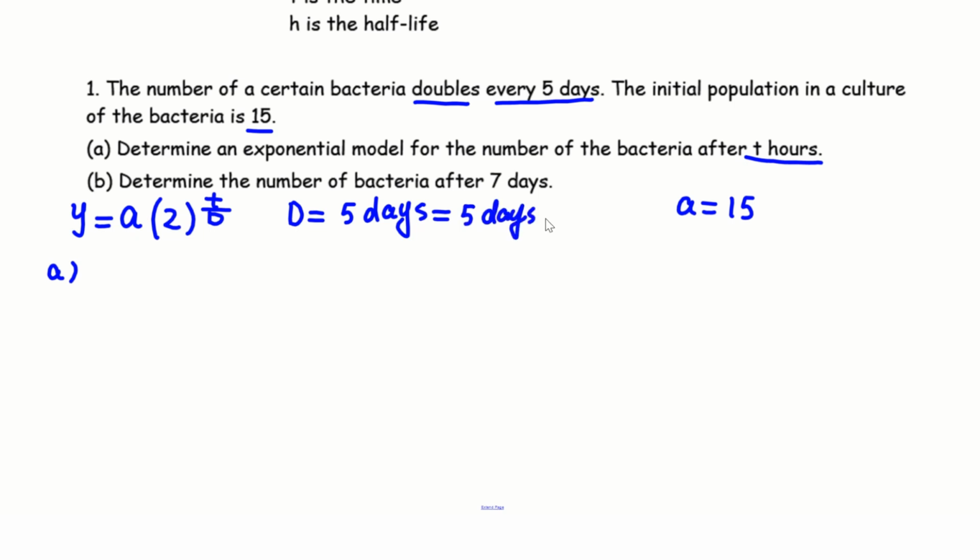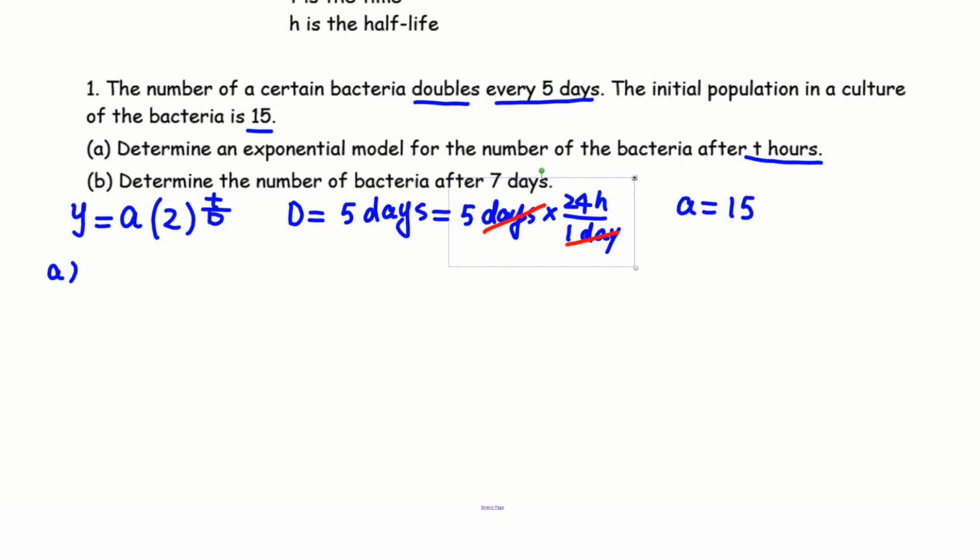We know that 1 day equals 24 hours, so we put 24 hours on the numerator and 1 day on the denominator. We are multiplying by 1, we didn't change anything, but we could cancel the unit days out.